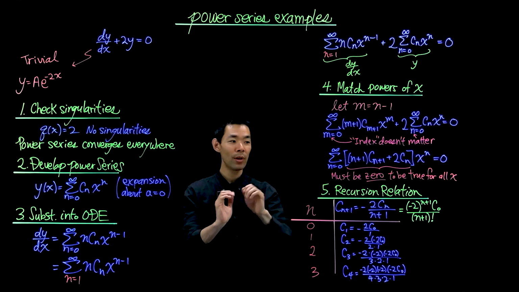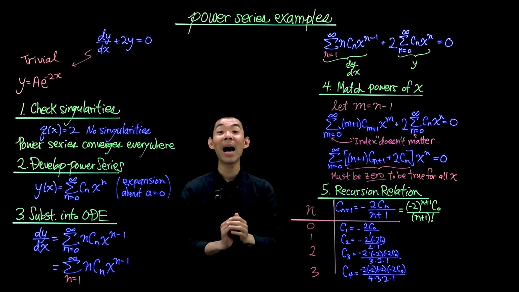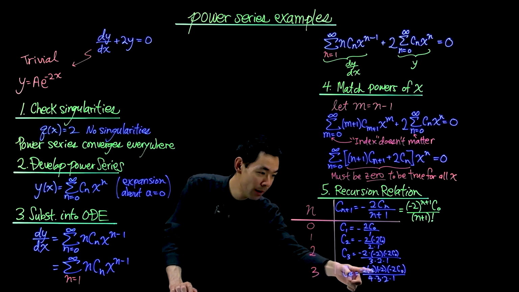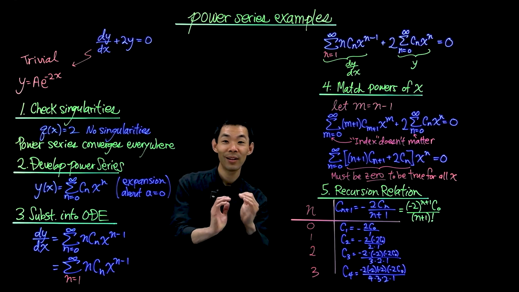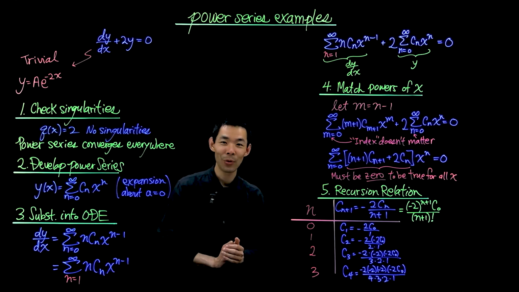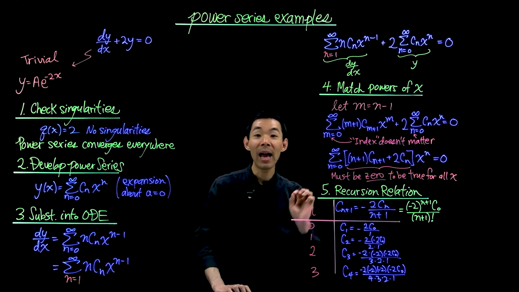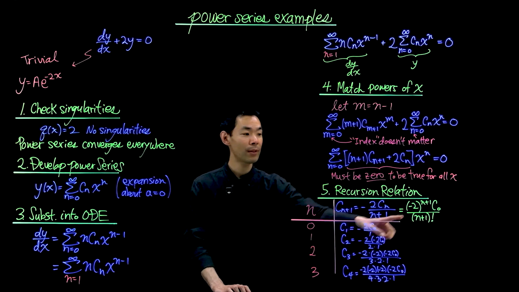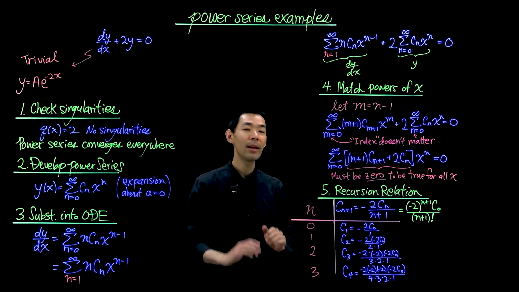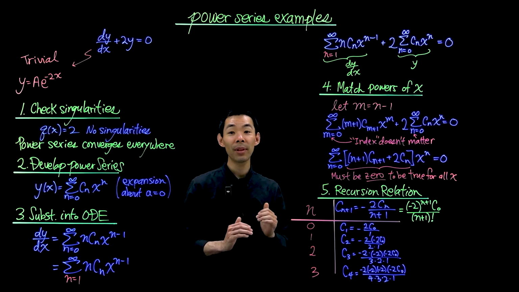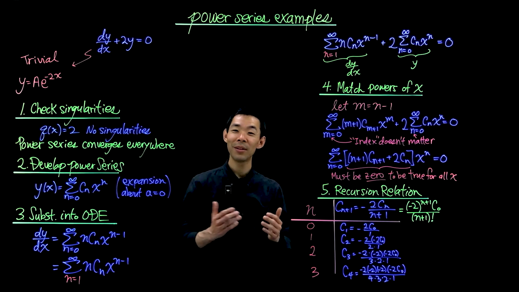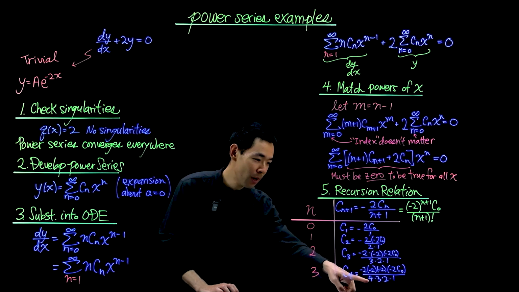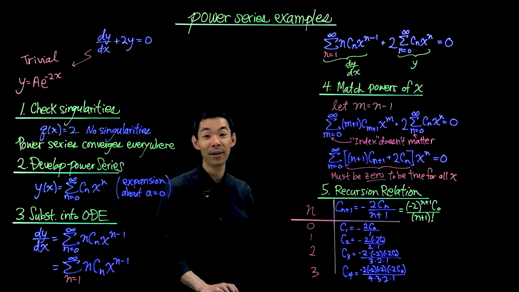So it's negative 2 to the n plus 1 power, right? Because if I give you n of 3, I have 1, 2, 3, 4 of negative 2. So I have negative 2 to the n plus 1 times C0 comes all the way through. So I just put the factor outside on the right, divided by n plus 1 factorial. You can also see that if I give you a 3, I have 3 plus 1 factorial on the denominator.